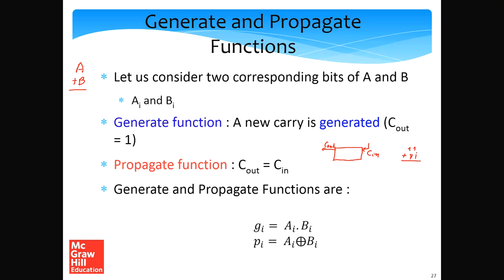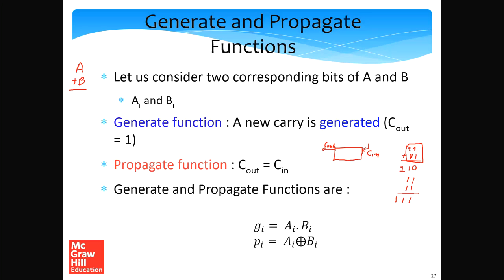So input carry is 0. So 1 plus 1 will be 0, and this will be 1, and output carry of 1 will be generated. Let's assume that the input carry is 1. So 1 plus 1 plus 1 is 1, carry of 1, again 1, and a carry out of 1. So if this is the contents of the block, irrespective of the input carry, the output carry will always be 1. So we are saying that we are generating.